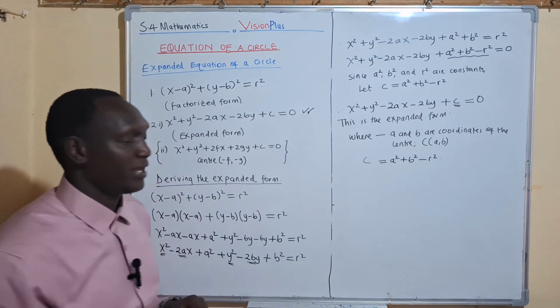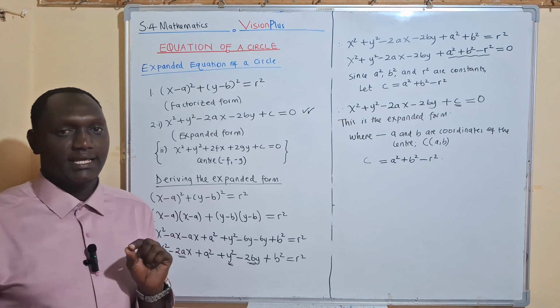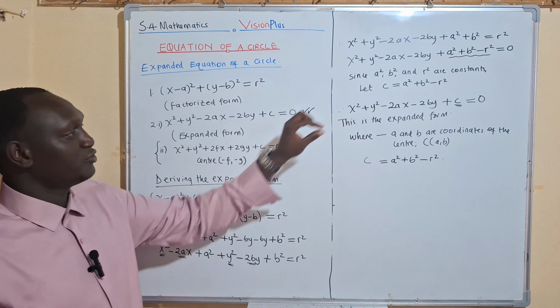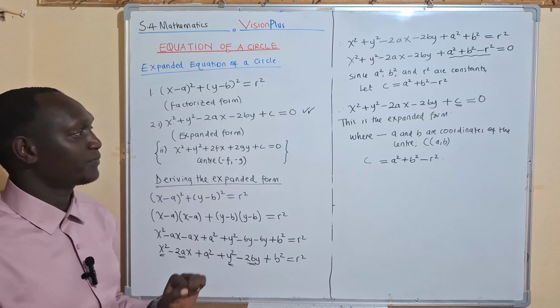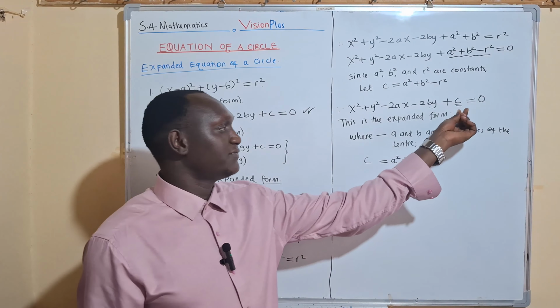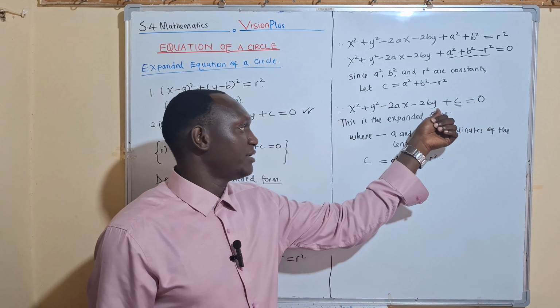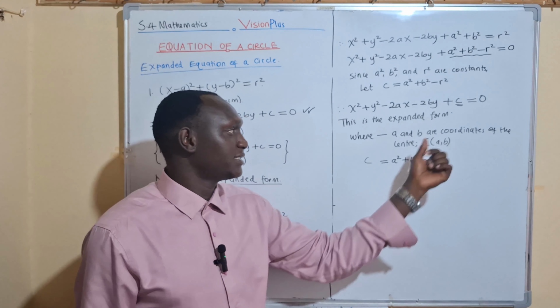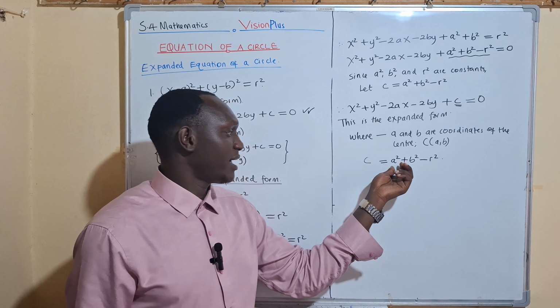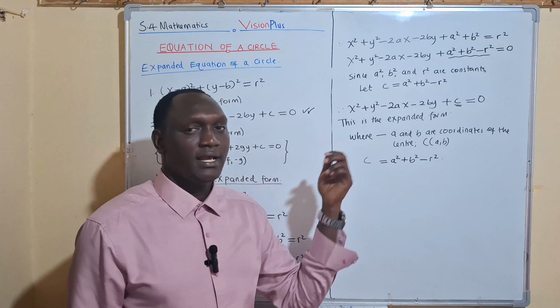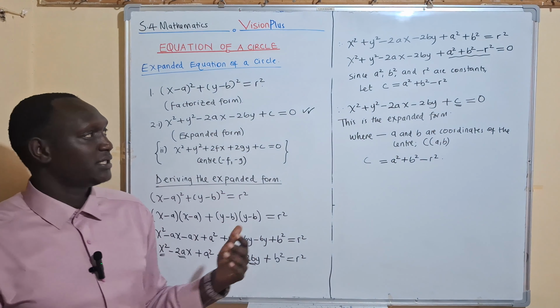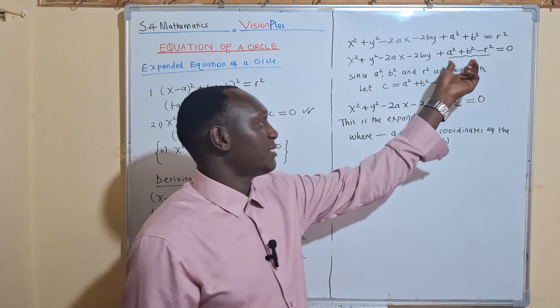So what is the takeaway here? In the expanded form, you must know the formula in that manner, and you must define the terms, where a and b are coordinates of the center, and c is given by a² + b² - r², because it is the term that we substituted.